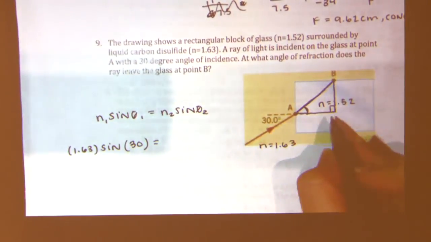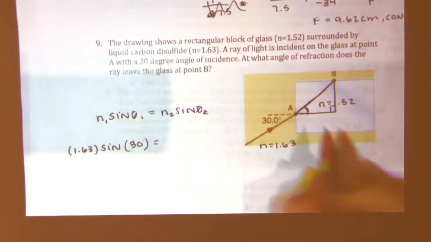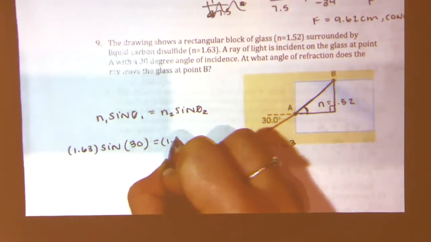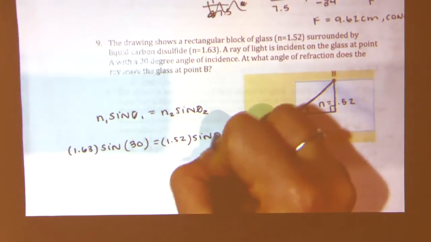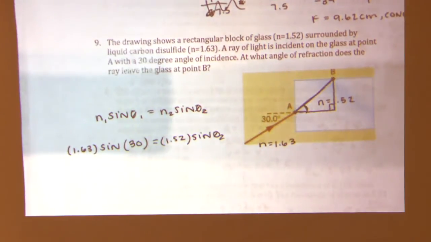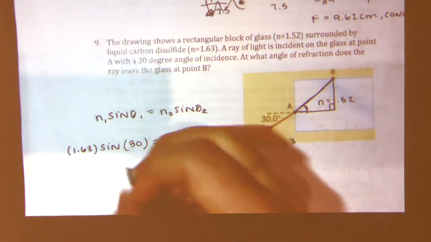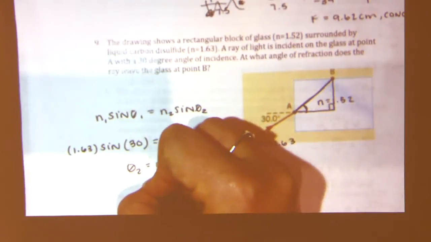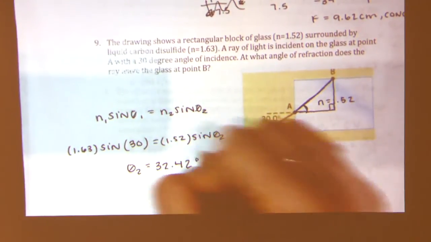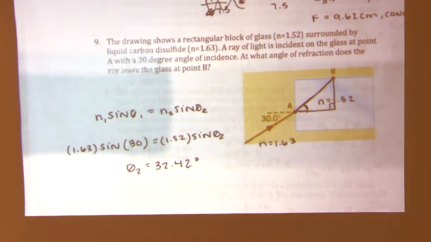And then our n2, the light is now going into the glass, so our n2 will be 1.52. And we're looking for this theta 2. So I got this theta 2 to be 32.42. So it's very close to the angle of incidence, but it is a little bit bigger.